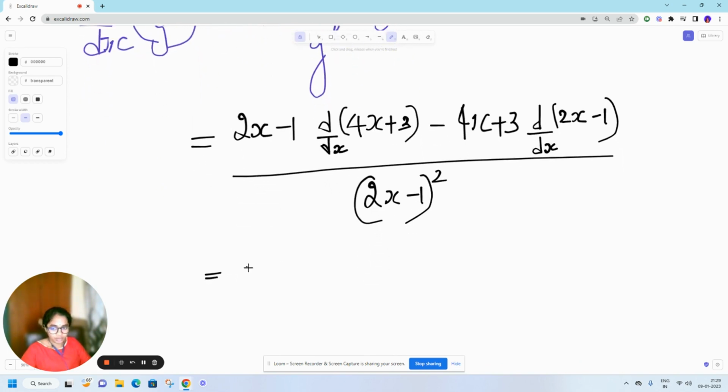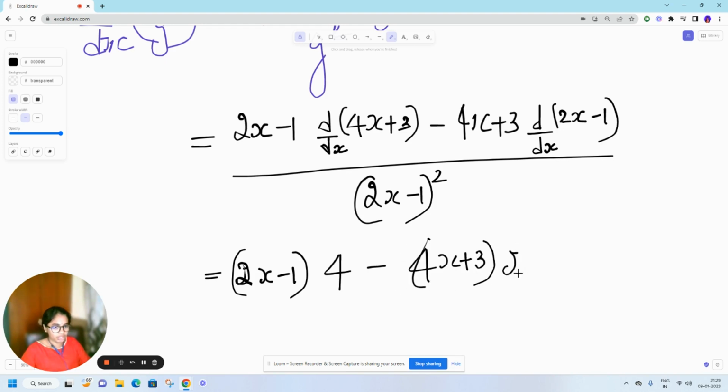So now what would we get? 2x minus 1. What is the derivative of 4x plus 3? That would be 4, minus 4x plus 3. The derivative of 2x minus 1 is what? It is 2, divided by 2x minus 1 the whole square. So if I simplify this, what would I get?